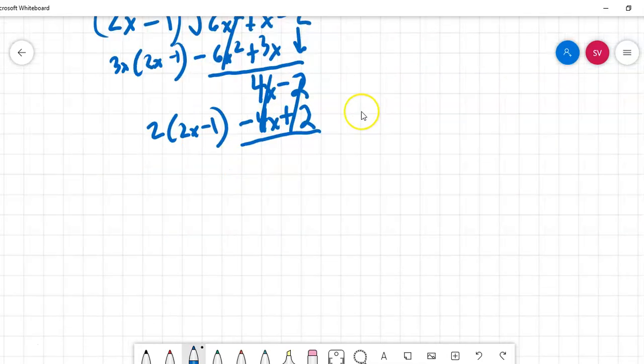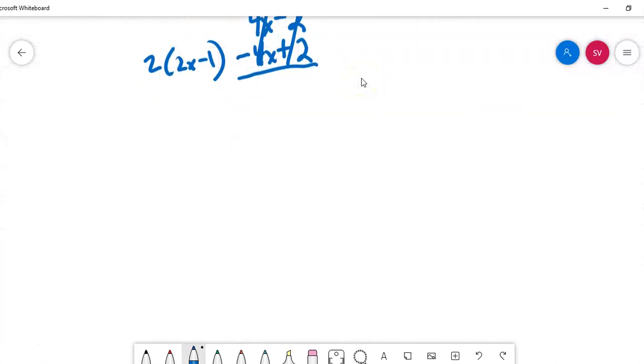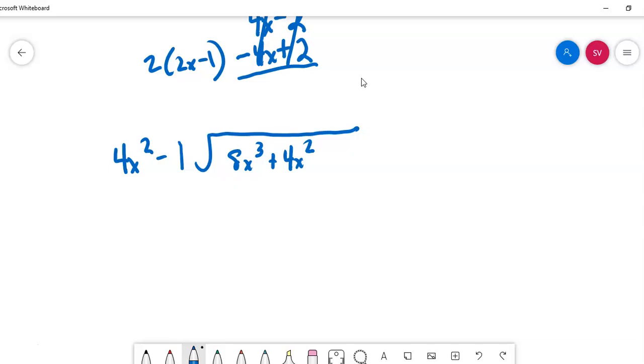Now I have one more example for you to show you what happens when we have a remainder. So I have 4x squared minus 1, and then I have 8x to the third plus 4x squared plus 3.